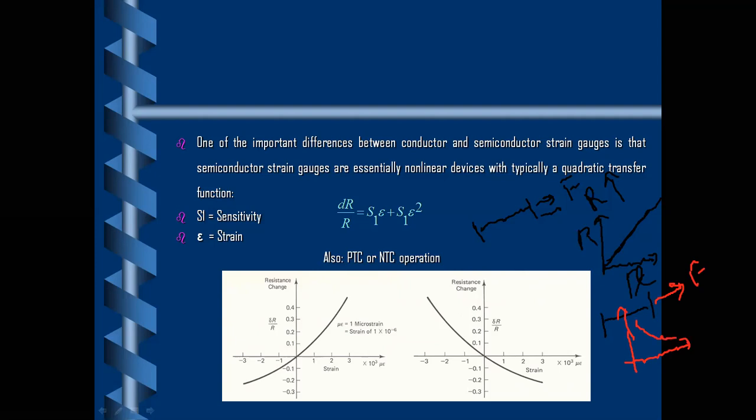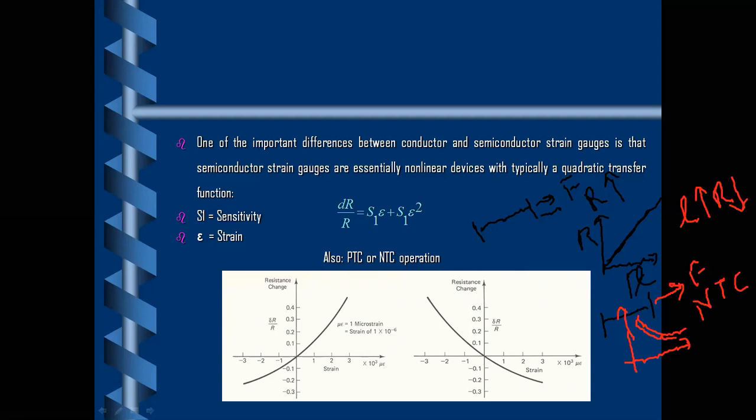Non-linear means here the increase in length will decrease the resistance after applying a force. Decrease, that is the non-linear output you are getting. That is NTC, negative temperature coefficient.